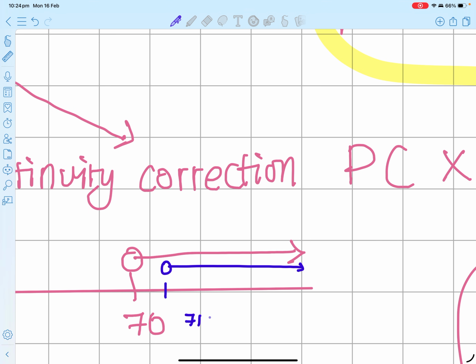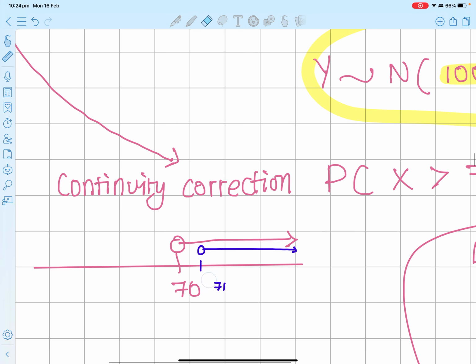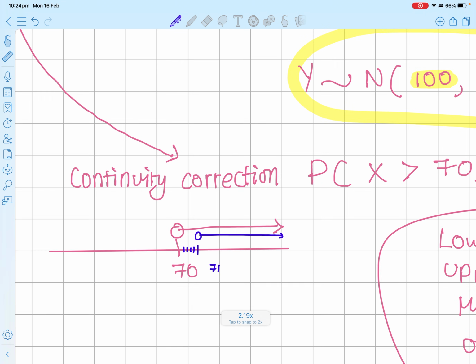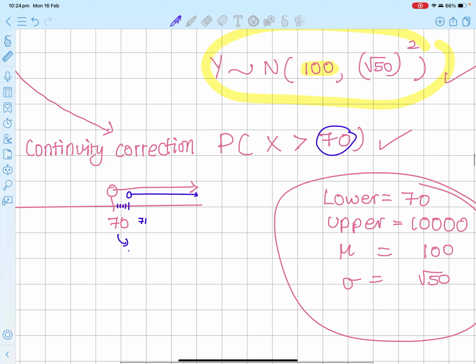But because we know we changed from a binomial to a normal distribution, we're going to have to think there will be numbers in between 70 to 71 also. Therefore, we use the upper bound of this number to start with. So we're not going to do it for 70, although 70 is the question.